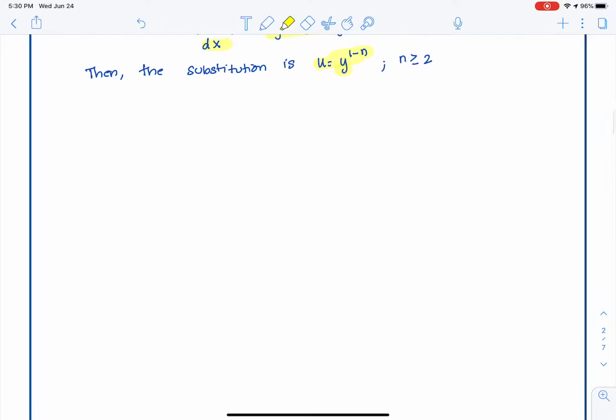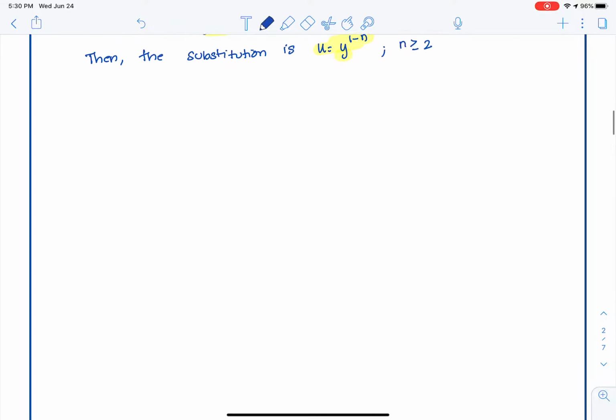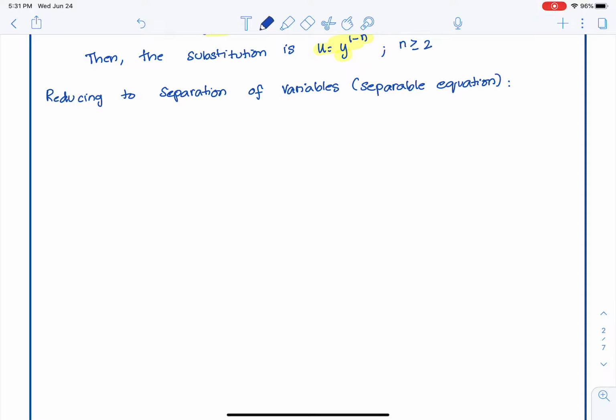And the last type of substitution that we are interested in for a differential equation is a functional expression. So this is called reducing to separation of variables, or a separable equation.